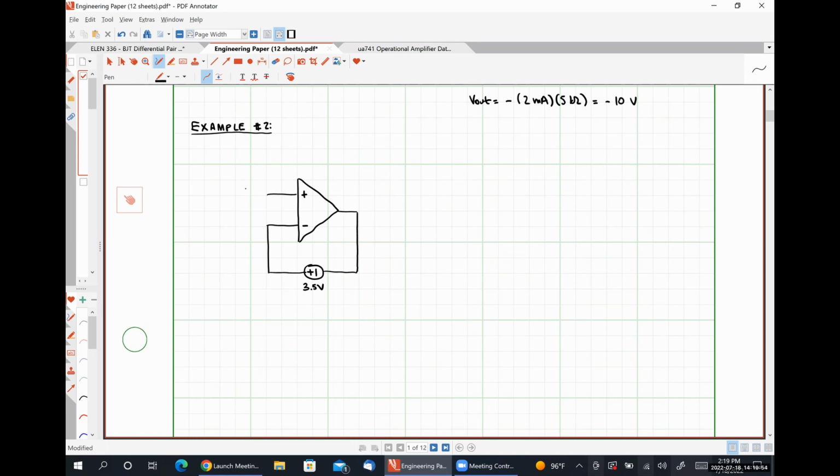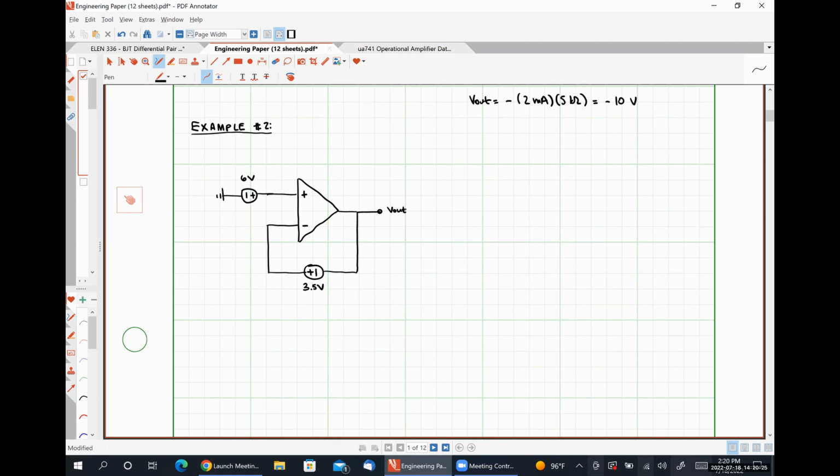I'm going to apply a voltage directly to the non-inverting input terminal. Let's make this a 6 volt source. And our goal here is to determine V out.